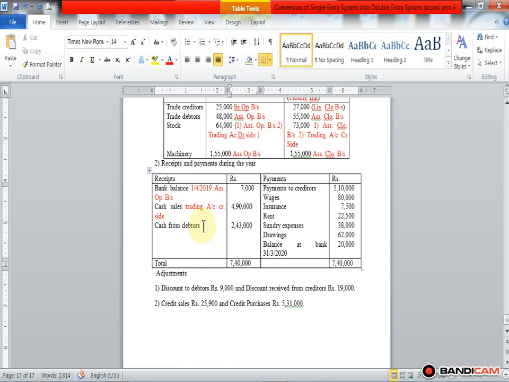Cash from debtors has one effect on the cash book, meaning cash received from debtors, and a second effect on the debtors account. Since the closing and opening amounts are given, and credit purchases and sales are given, it is ignored here.